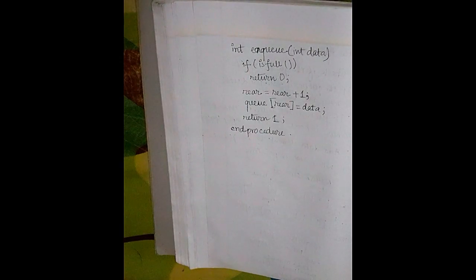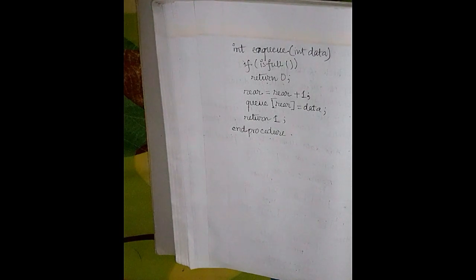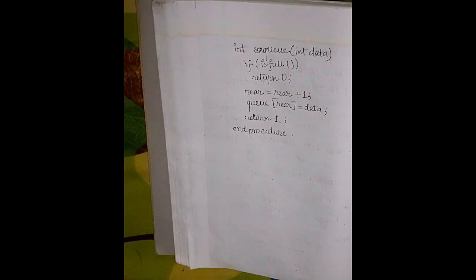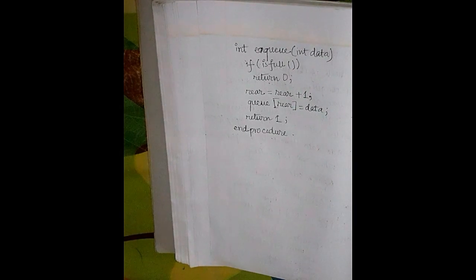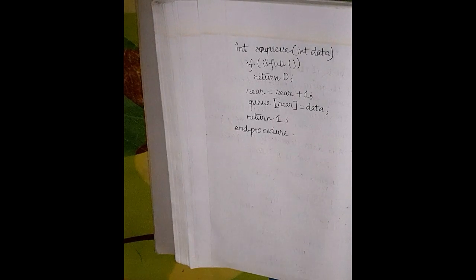So next we have the DQ operation, right? Accessing data from the queue is a process of two tasks: access the data where front is pointing, and then remove the data after the access. The following steps are taken to perform the DQ operation.